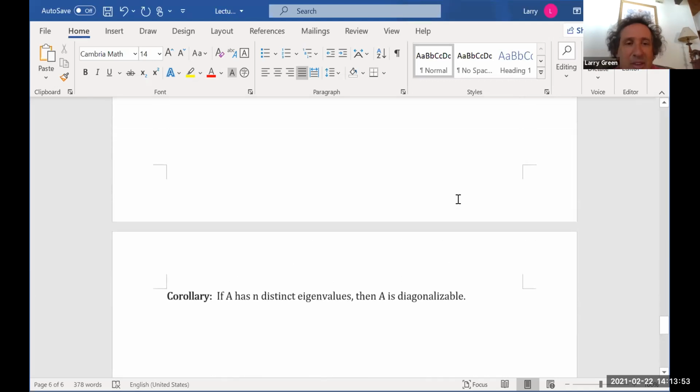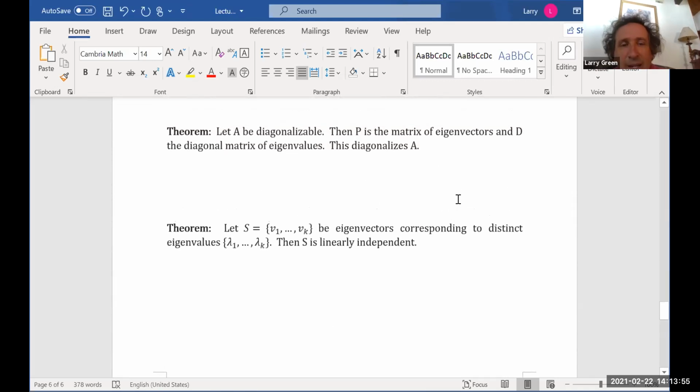We'll do examples, and I think then things will hammer in. I want to hammer in again. If A is diagonalizable, then you can just let P be the eigenvectors and D be the eigenvalues. And that diagonalizes A. Okay. Why is that true?